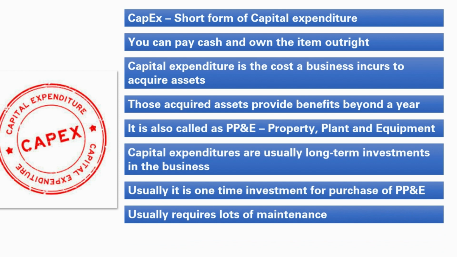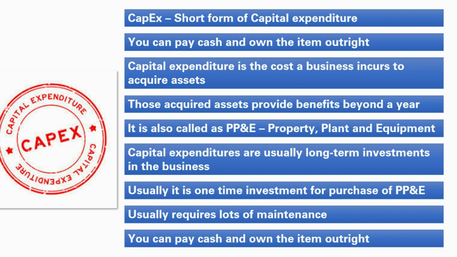Usually, all the items which are bought using capital expenditure require lots of maintenance, and because of that they last for a longer period. And finally, you can pay cash and own the item outright. That's what we have seen as part of the second bullet.